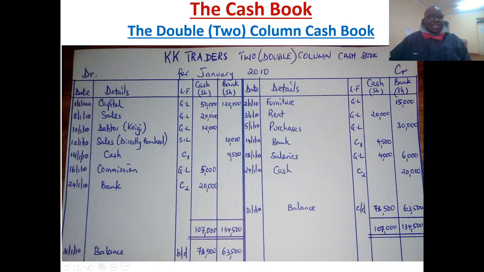Those items that are appearing on the debit side of the cash account will appear on this column. This represents debit side cash account. And those items that were appearing on the debit side of the bank account will appear on this column representing bank account. The same. These items are on the credit side of the cash account.